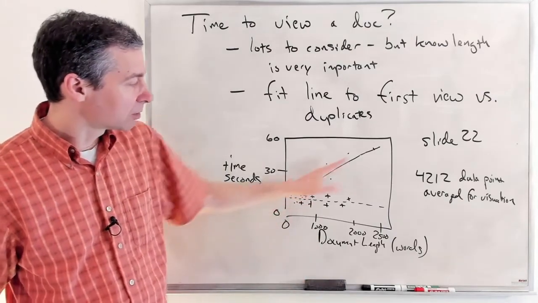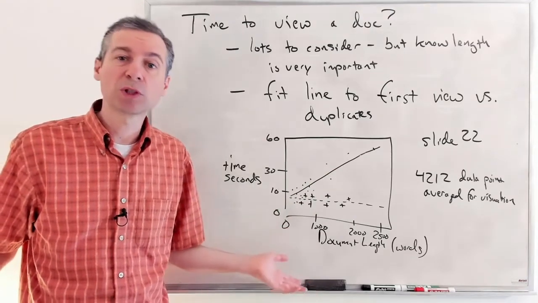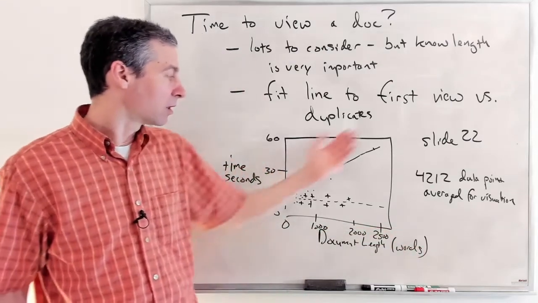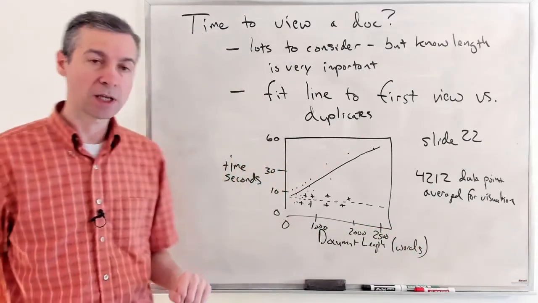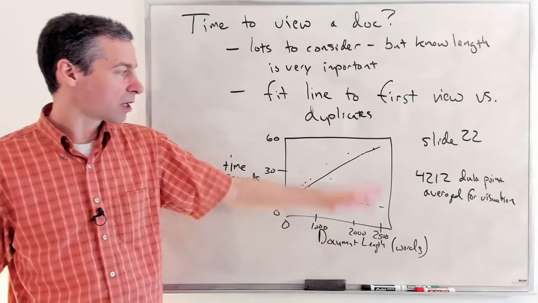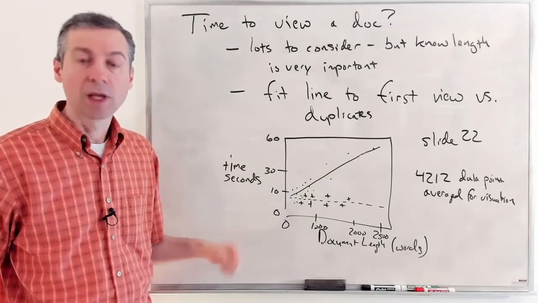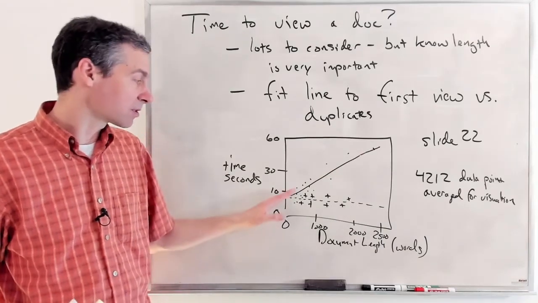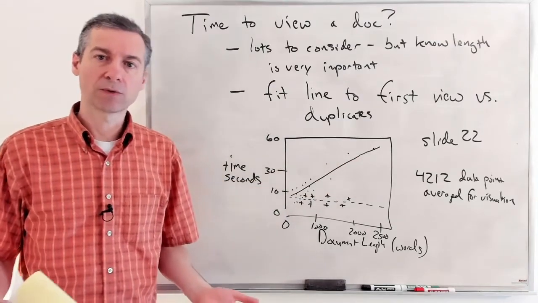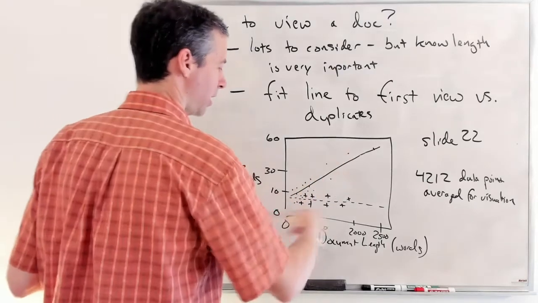But in general, it's a reasonable approximation: the longer the document, the longer they spend looking at it, trying to make their decision. But even for these super huge documents, we're no longer than about a minute on average, because this linear fit is giving us an average for our population of users for how long they will spend looking at a page based upon its length.